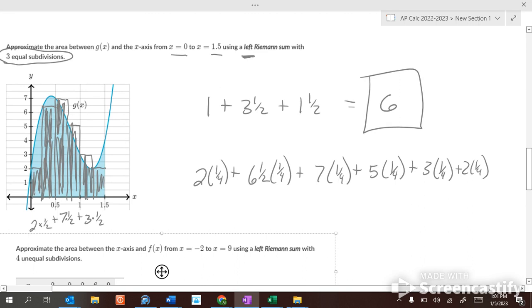So 2 times 1/4 is 1/2 or 0.5. 1/4 times 6.5, this is 13 halves, so it's 13/8.